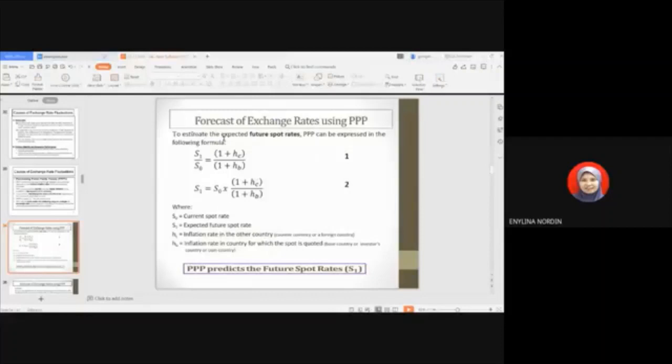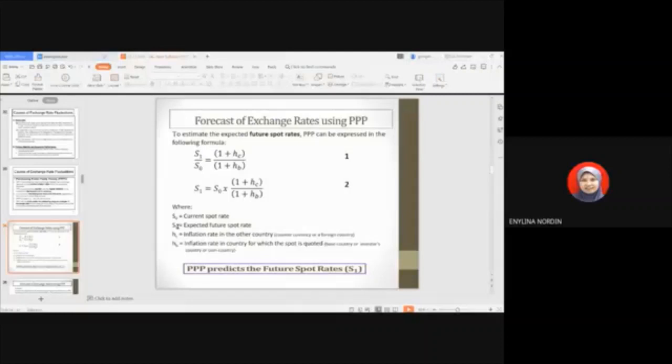To estimate the expected future spot rate under PPP, we make use of this formula: S1 divided by S0 equals 1 plus hC divided by 1 plus hB. What is S1? S1 is the expected future spot rate. This is what we want to calculate.